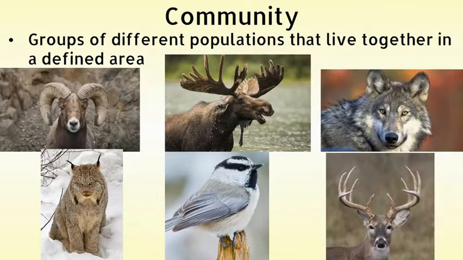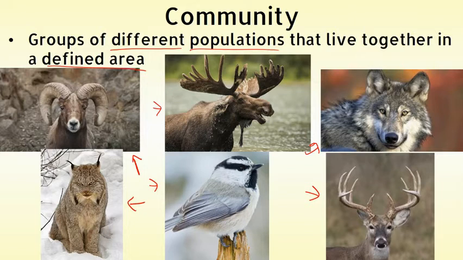Now we can go a little bit bigger and look at a community. A community is where we're going to look at how different populations live together in a defined or specific area. So these are all different organisms that we would see in the Rocky Mountains. We could look at their different populations and how they interact with each other. So how does a white-tailed deer interact with the population of moose?